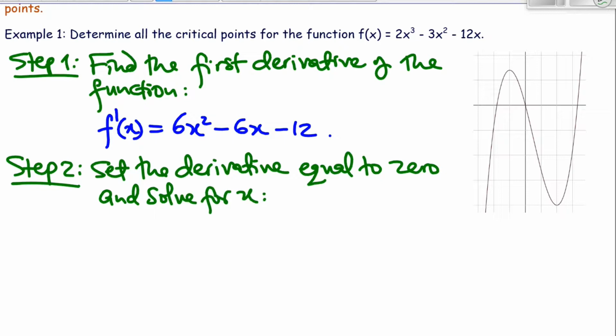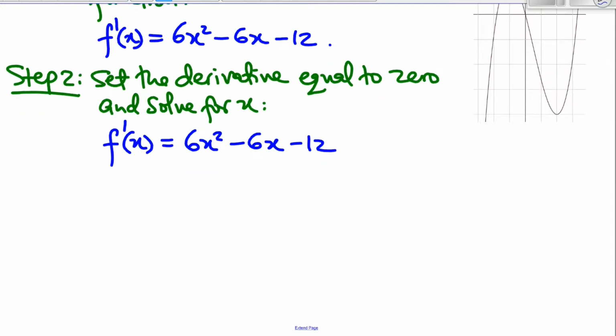Our derivative, f dash x, which is our first derivative, is 6x squared minus 6x minus 12, and we are equating this to 0.